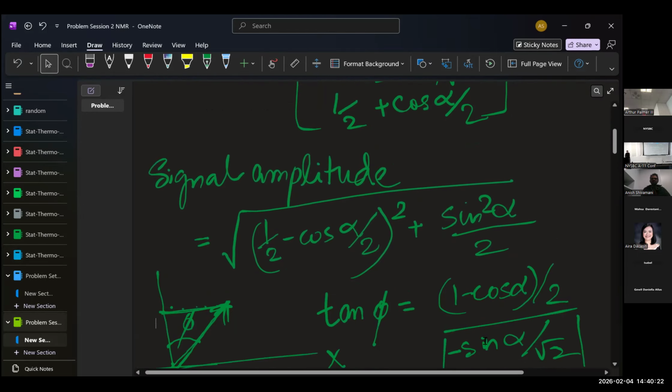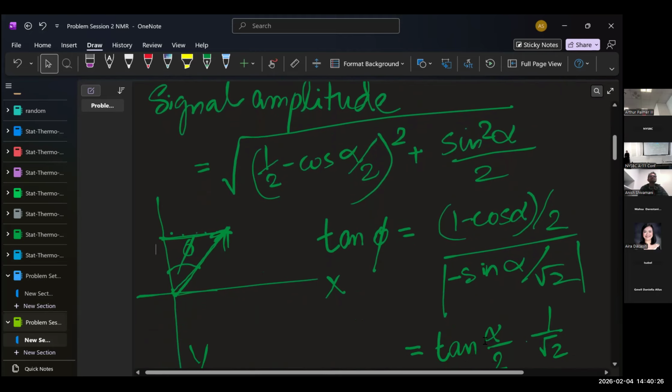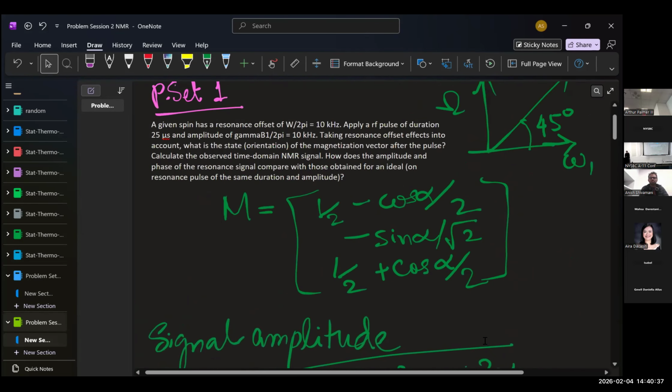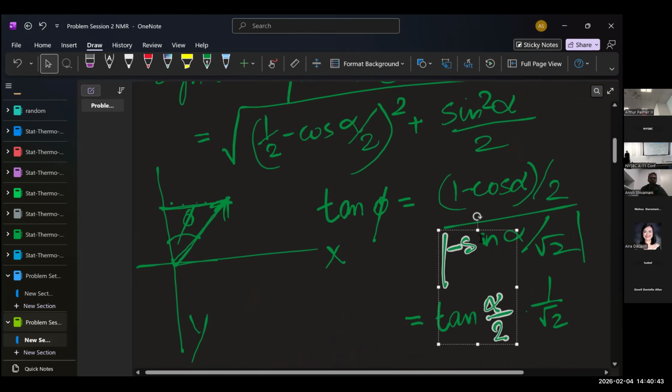I see. So did I make a mistake here? The first term is my X component. Tan phi is perpendicular over this.